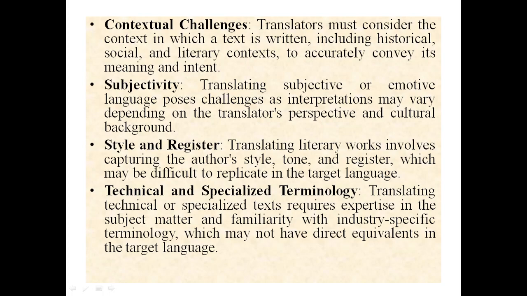Subjectivity means when emotions or personal kind of text is to be translated. Again the translator may not be able to translate those things exactly as the author intended, or there may be some personal emotions attached to the translator also. Next is style and register. Every author has his own style, tone and register, which may be difficult to replicate.